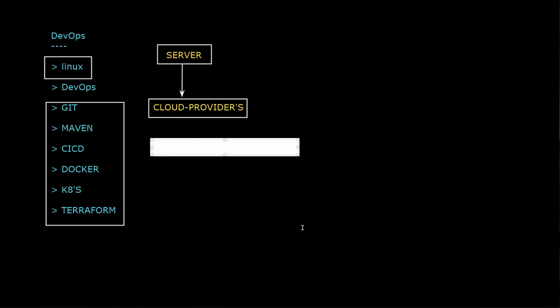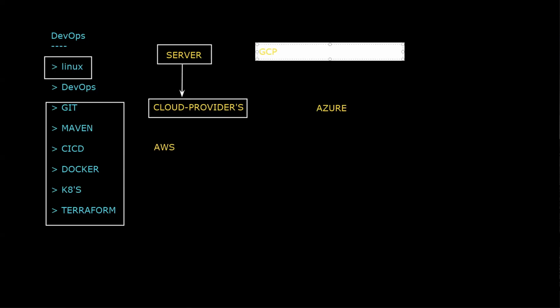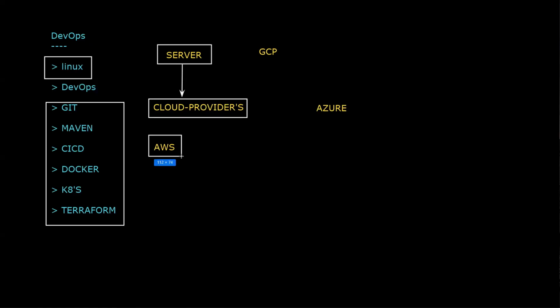Who are they? AWS, Azure, and GCP. These are all the cloud providers that are available in the market.